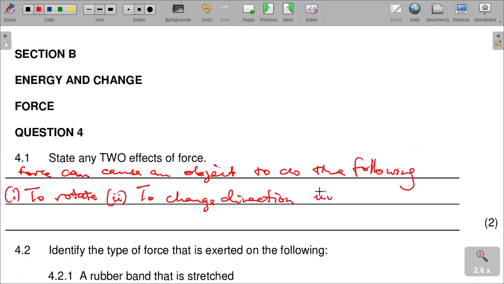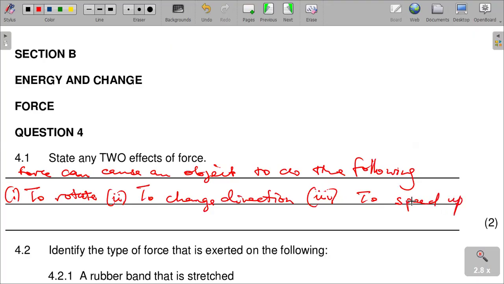We can also say that force can affect an object by causing an increase in speed, that is, to speed up.